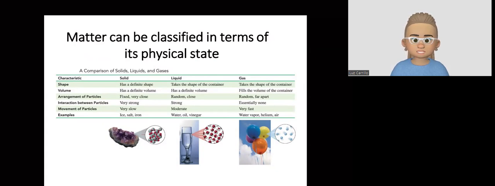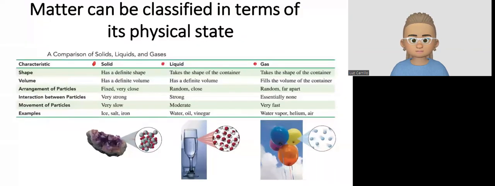What happens overall with this concept is that these three states of matter can be categorized depending on their shape, their volume, their arrangement of particles, the interaction between particles, and the movement of those particles.